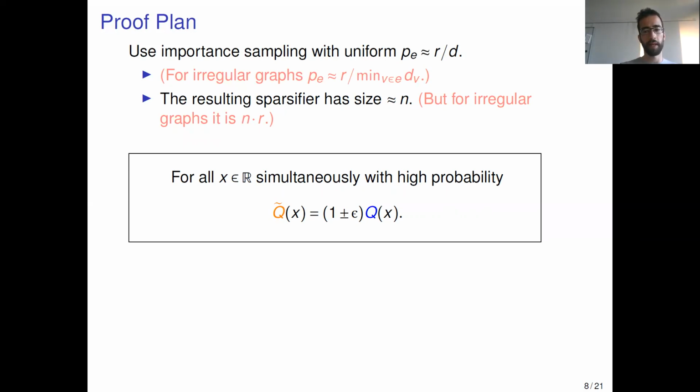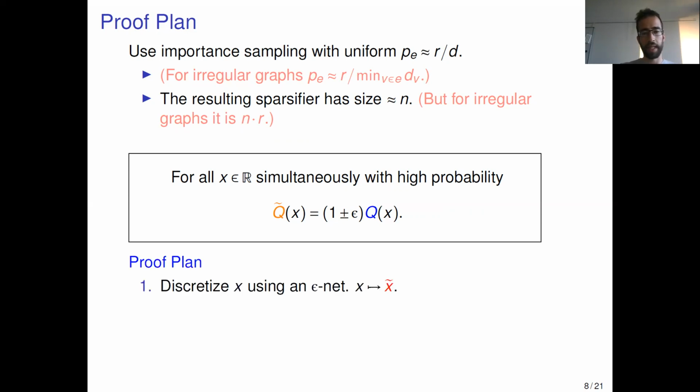So what is going to be our proof plan? Typically at this point, for ordinary graph sparsification, people use some linear algebraic tools for analysis. So something like matrix Bernstein, which can prove simultaneous concentration for all values of x if Q was a linear operator. But unfortunately, in our case, this is not true. The hypergraph quadratic form is highly nonlinear, and so we have to resort to some more basic techniques, which is going to be generic chaining.